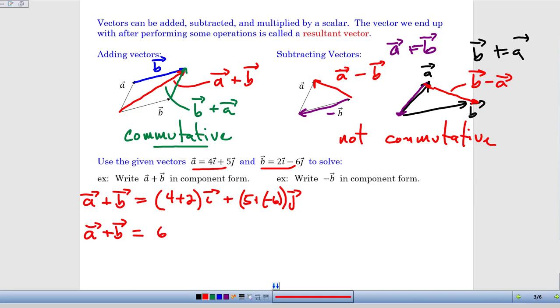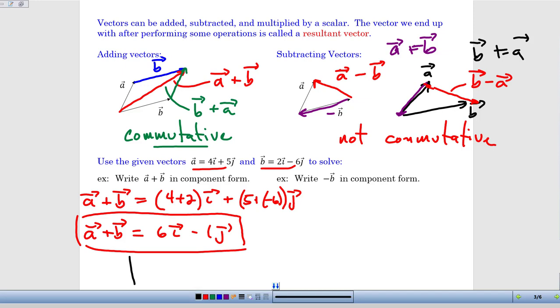4 plus 2 is 6i. 5 plus negative 6 gives me negative 1, or just negative j. And so there is my resultant vector in component form. And so then again, I can go ahead and find the magnitude and find the direction by setting up a right triangle with those components.